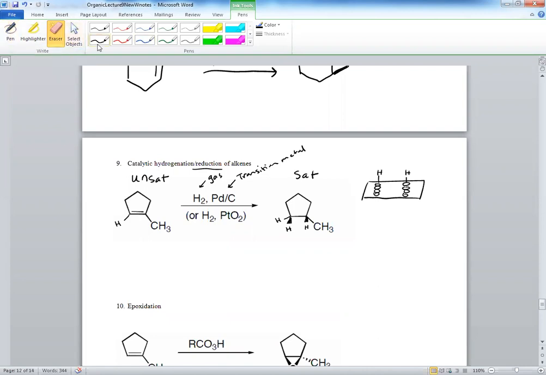And what happens is that for an alkene, notice that the reaction adds to the same side. That's why I put those H's on the same side. And that's why it's a reduction reaction.